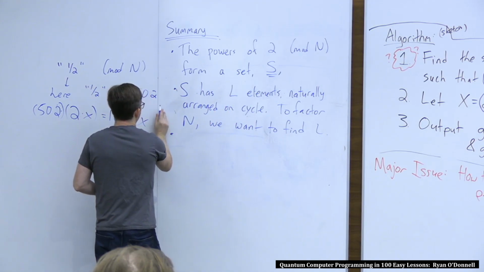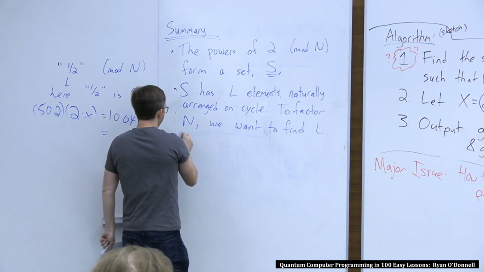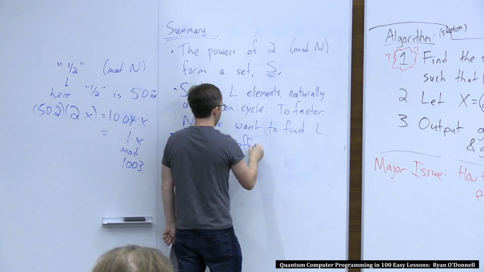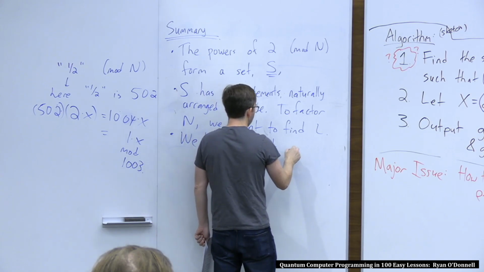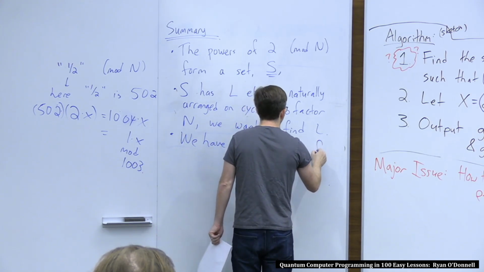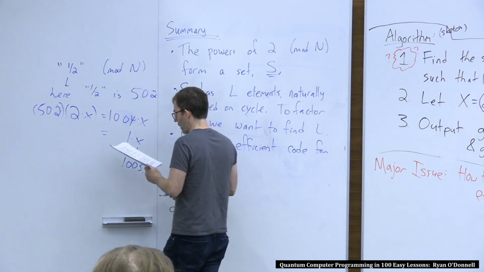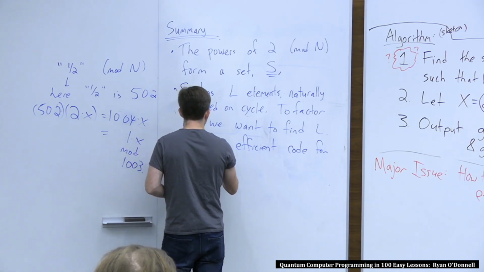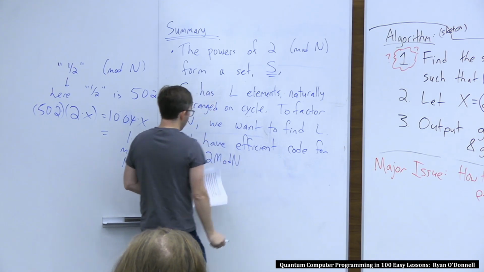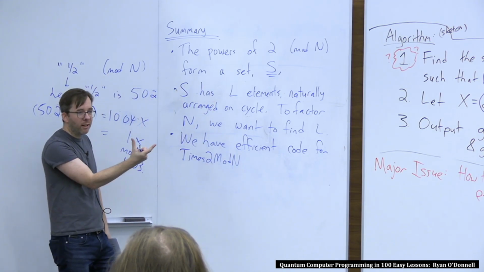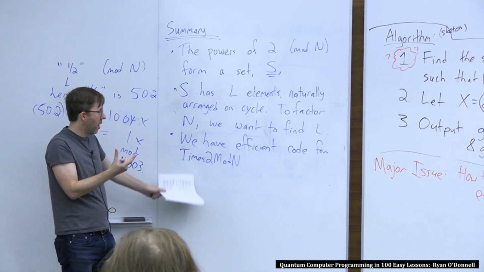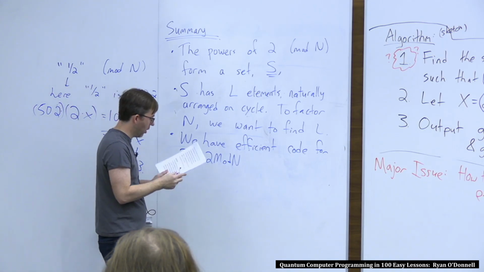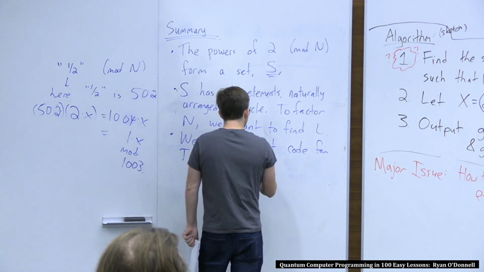Now, let's see. We have efficient classical code for doing times 2 mod n. It's almost extremely simple. It's literally left shift by 1 bit. That's the times 2 part. But then you've got mod n. That's the annoying part. But OK, there's simple code for this.